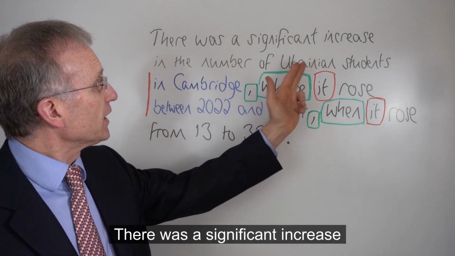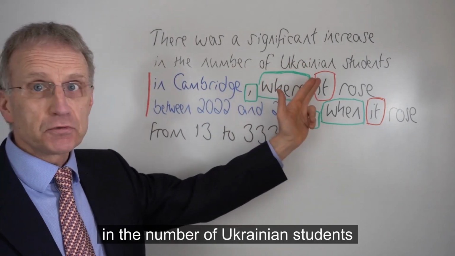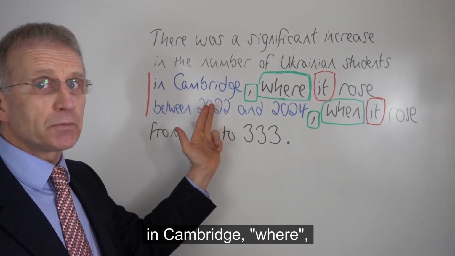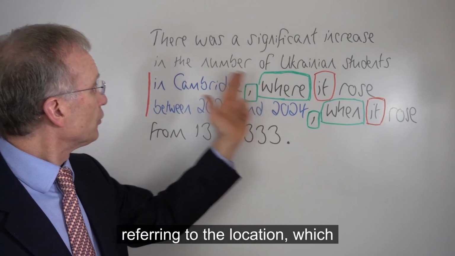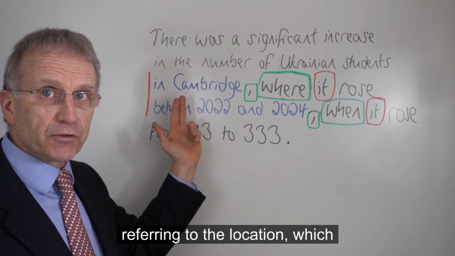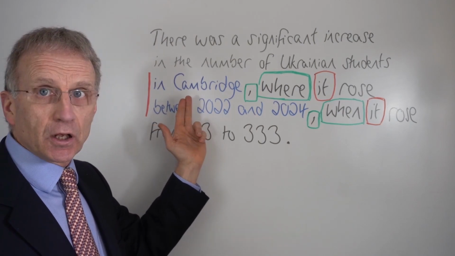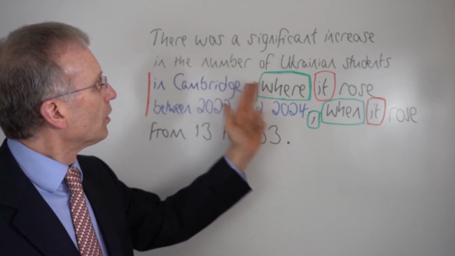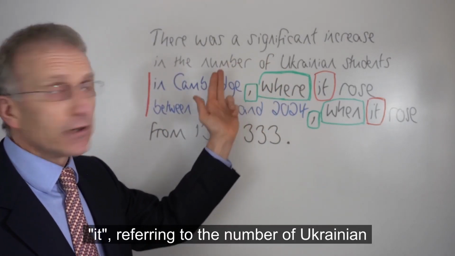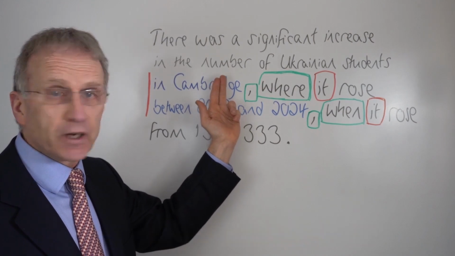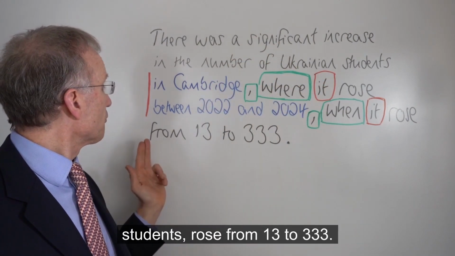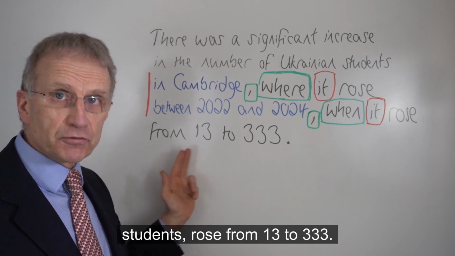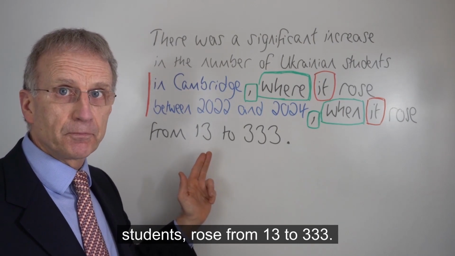There was a significant increase in the number of Ukrainian students in Cambridge, where, referring to the location, which now comes last in the main clause, it, referring to the number of Ukrainian students, rose from 13 to 333.